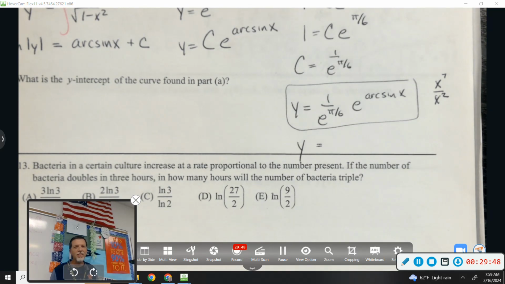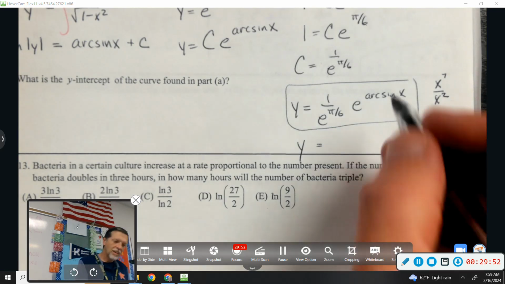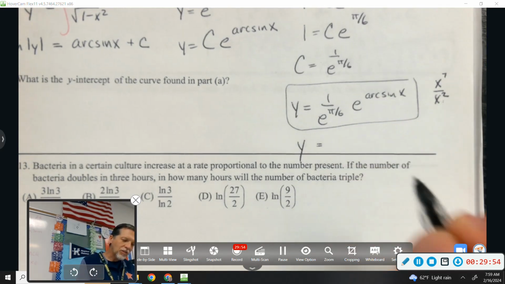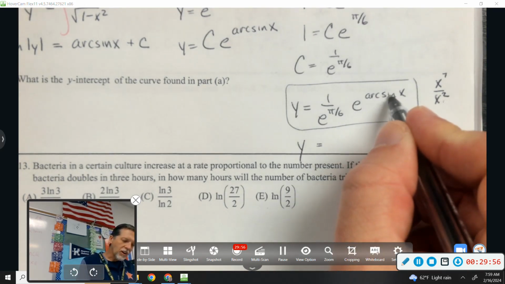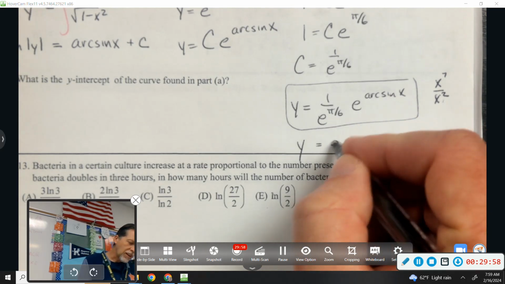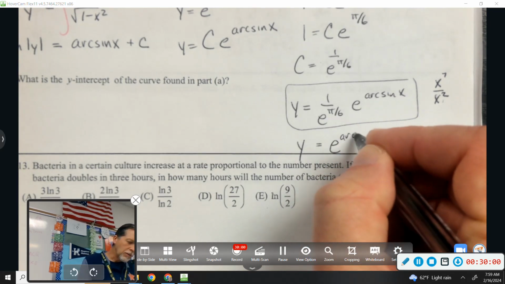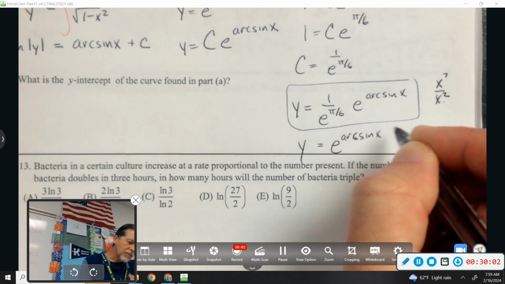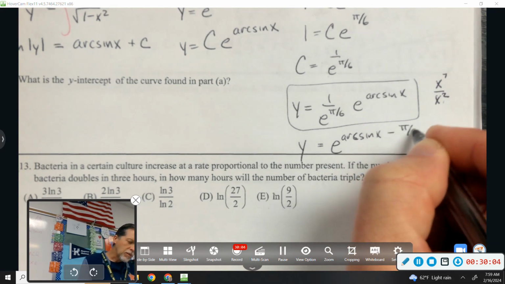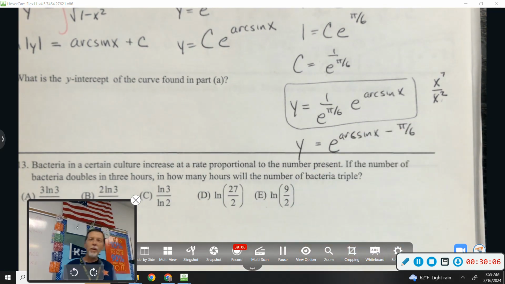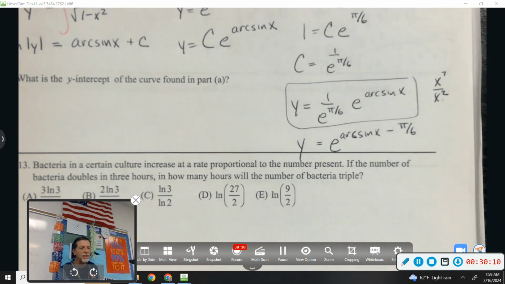How'd you get 5? Subtract. So I can subtract 7 and 2. I can subtract arcsine and pi over 6. So I could rewrite this as arcsine of x minus pi over 6. I probably wouldn't choose to write it that way, but if it's multiple choice, they might opt to clean it up like that.